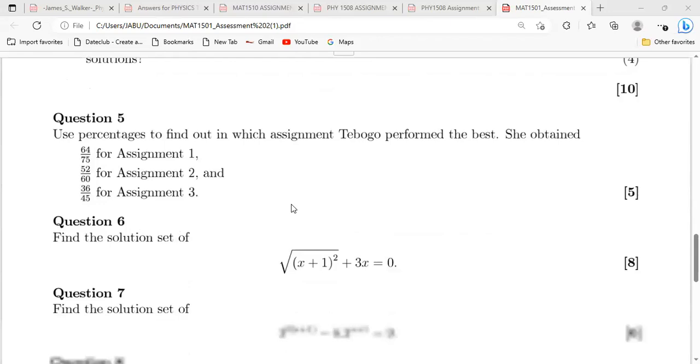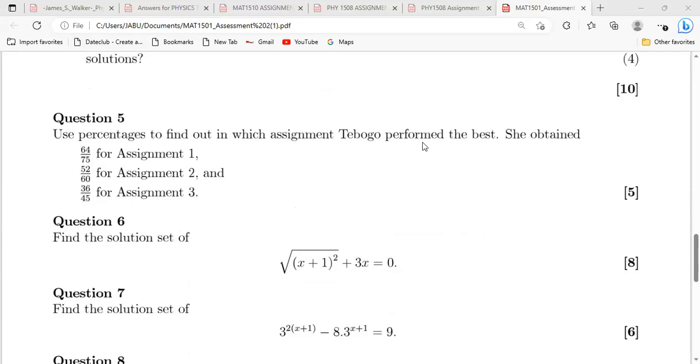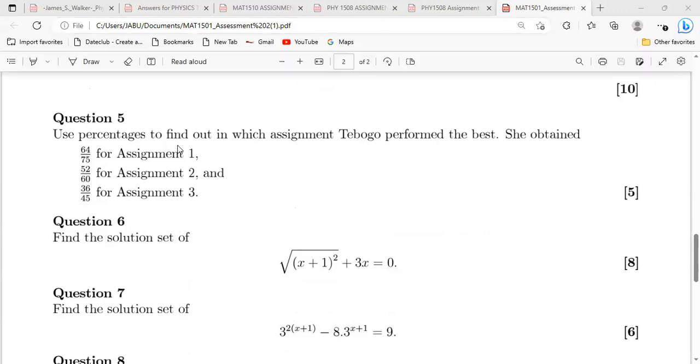Okay. Let's link it with question 5, because we still have a lot of time. And question 5 now, it's too simple. There's not a lot of work there. So let's link question 4 and 5, okay?